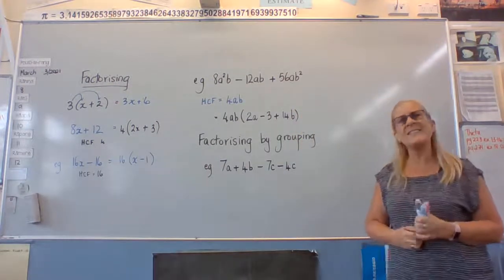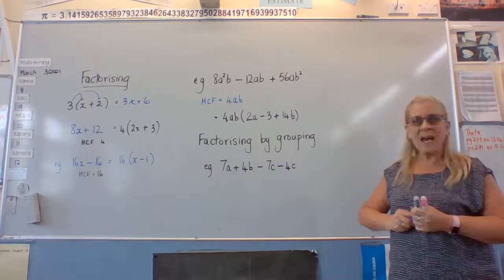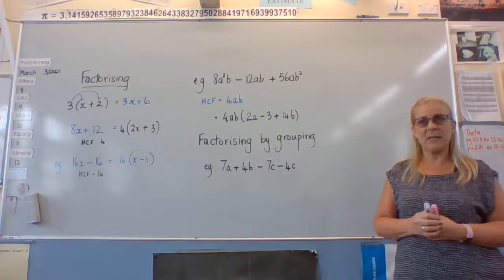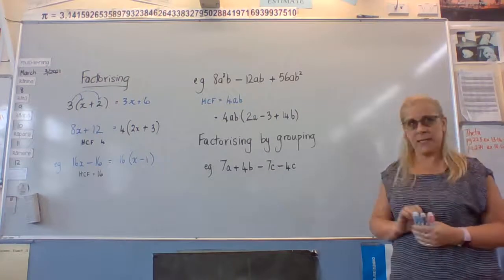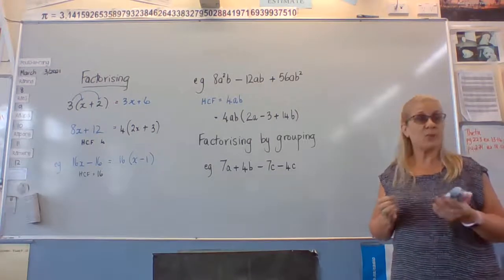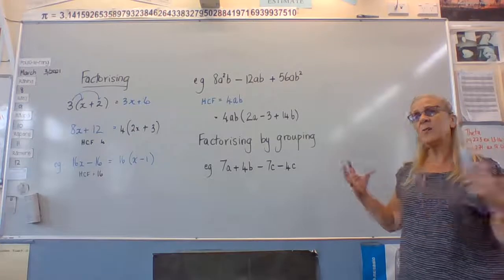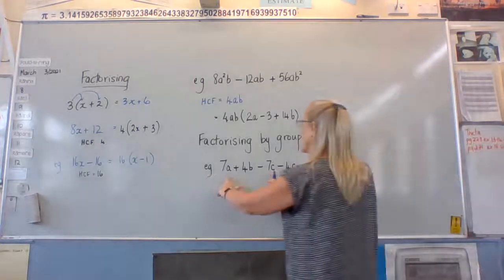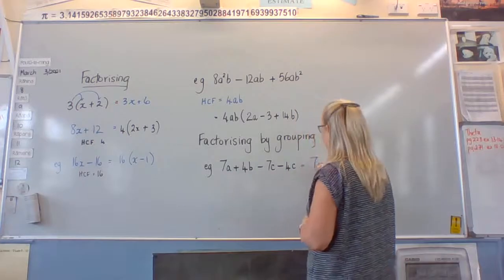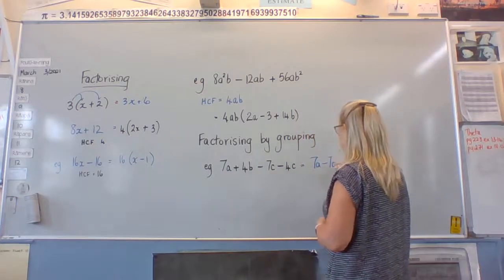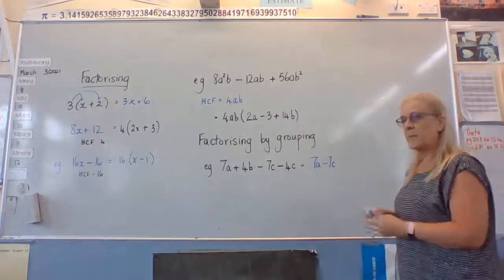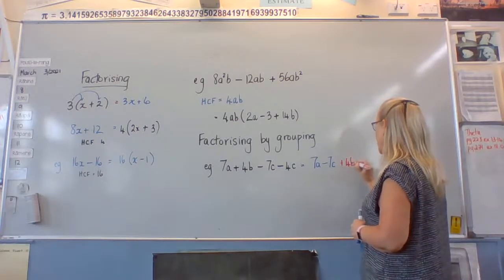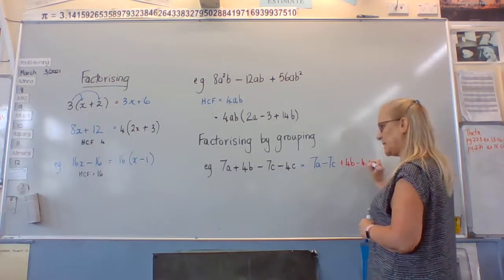That says to us, we can't take anything out of this, doesn't it? The problem is it's lying. We've just never taught you how to do it before. If we group together the things that are in common, I'm going to group together 7A and 7C. Then I'm going to group together 4B and 4C.